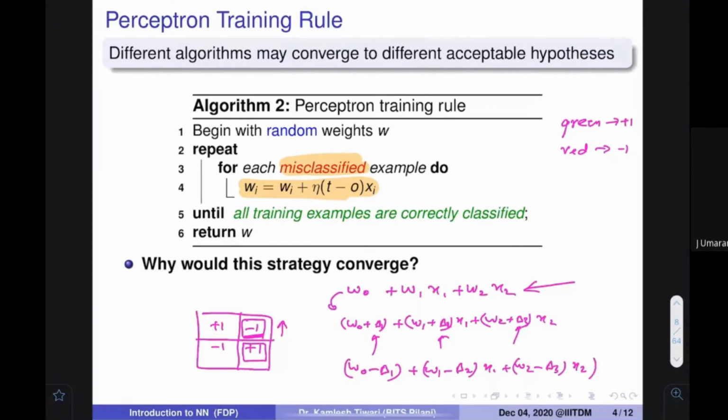If I decrease the weights, then the summation reduces, and then it becomes negative.